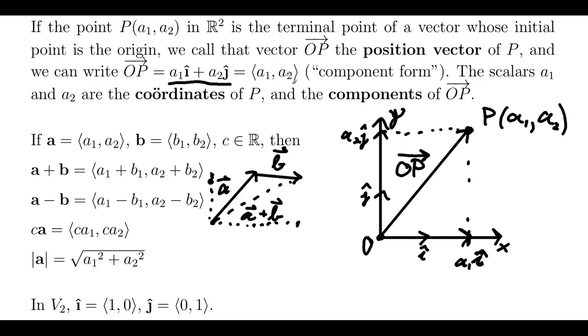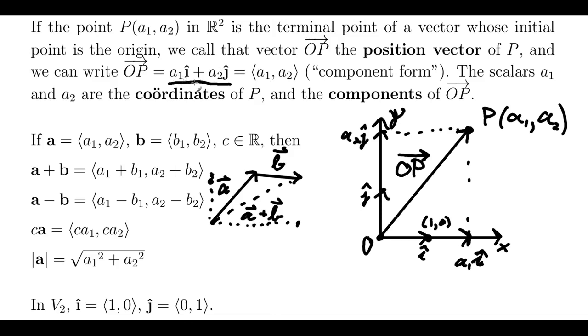These components refer to the coordinates of the terminal point P. Well, if you put I in its standard position with the initial point at the origin, its terminal point is at 1, 0, right? That is x is 1, y is 0. So that means that its vector components are 1, 0. J ends at 0, 1, so its components are 0, 1.